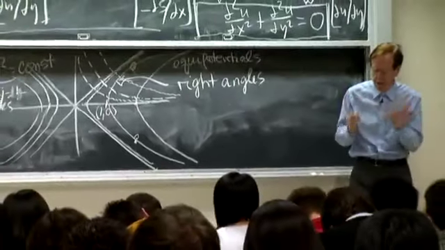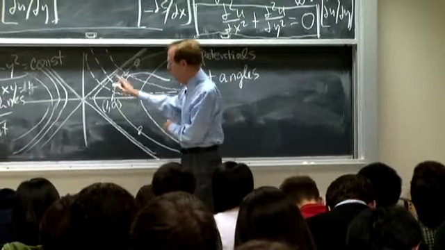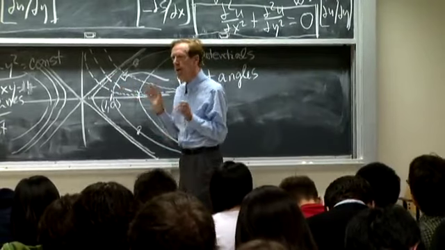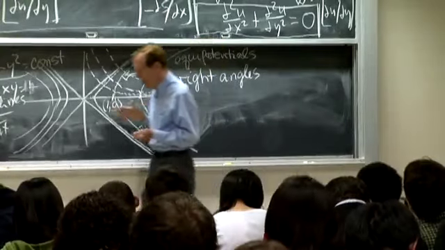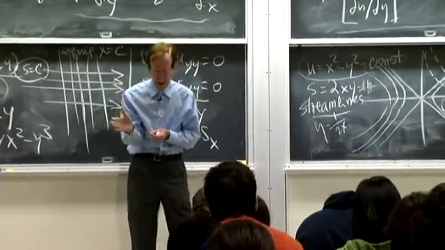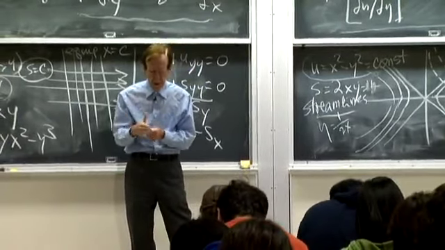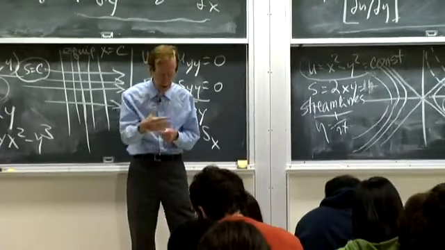You may have seen this before, and now I just want to ask you why. Why are those 90 degrees? We kind of see it physically, that the flow is in the gradient direction, and we know that gradients are always perpendicular to equipotential lines.